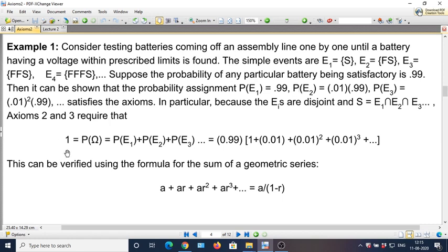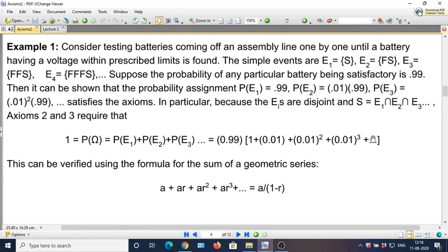Therefore, we will see that P of the sure event, or sample space omega, is equal to 1, given by P of E1 plus P of E2, P of E3 and so on, which can be written as 0.99 into 1 plus 0.01 and its whole squared and so on.